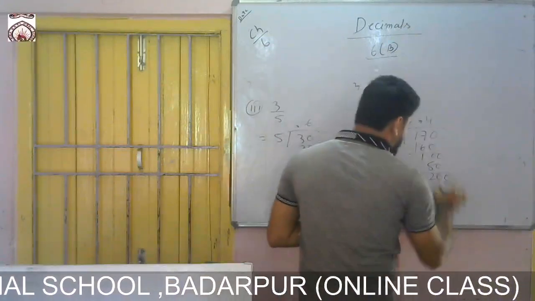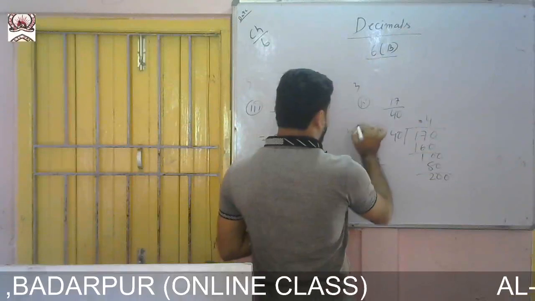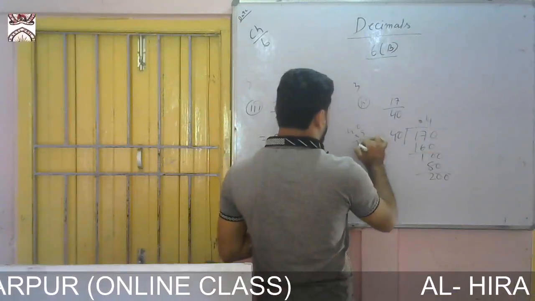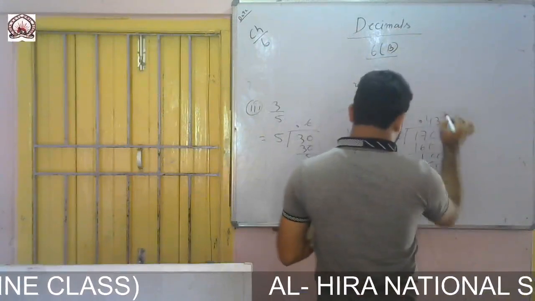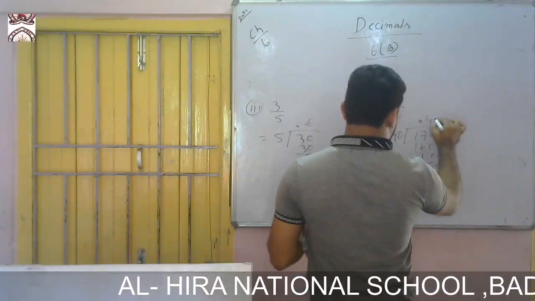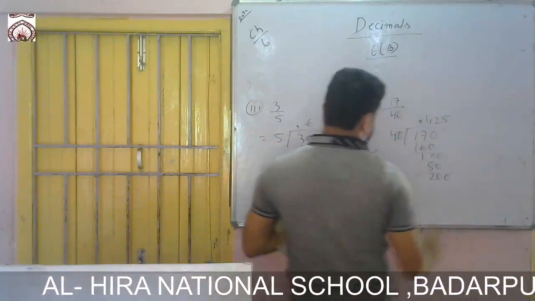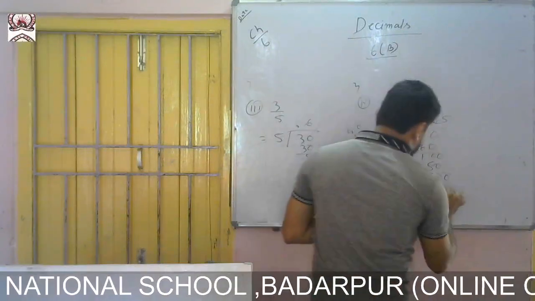Point is there. Bring this one. So 4 5s are how much? 200. So with what? Sorry, not with 3, with 2. And now 4 5s are 200.